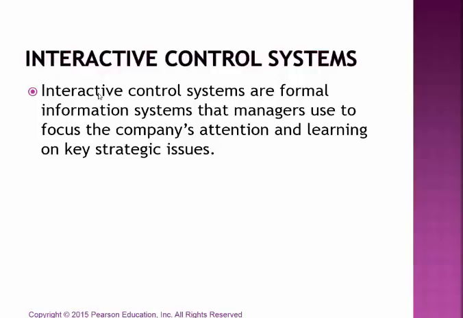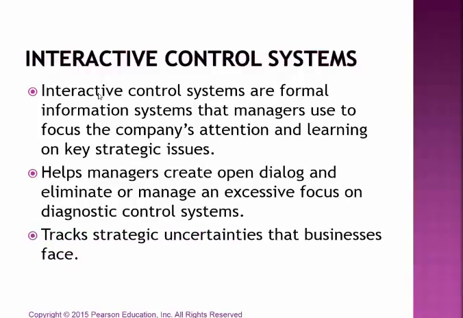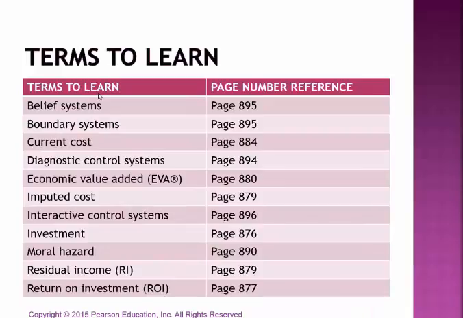It is keeping up with what's going on, and we can use it to guide our planning, directing, and controlling decisions. It helps managers to create an open dialogue and eliminate or manage an excessive focus on diagnostic control systems. It helps us to track strategic uncertainties that business face. And that is the end. That is our fourth lever.